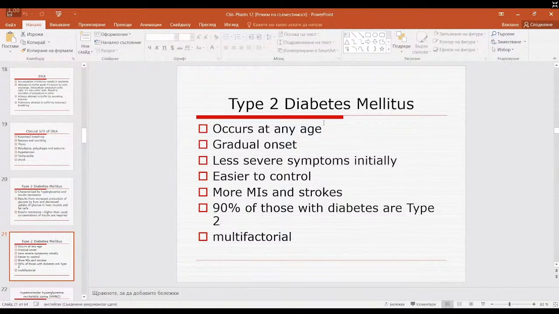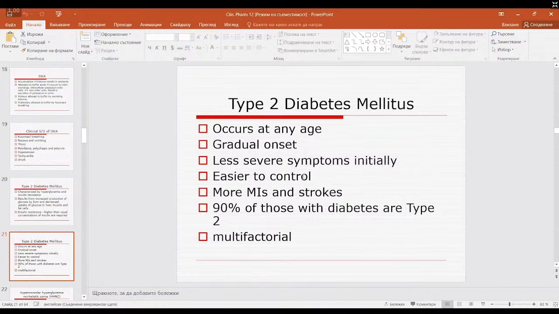Type 2 diabetes can occur at any age, but usually it's after 40 or 50 years of age, and it has a gradual onset. So symptoms are not very severe initially, and they're easy to miss unless the patient goes to a physician and does blood checks like blood glucose levels, fasting, or oral glucose tolerance test.